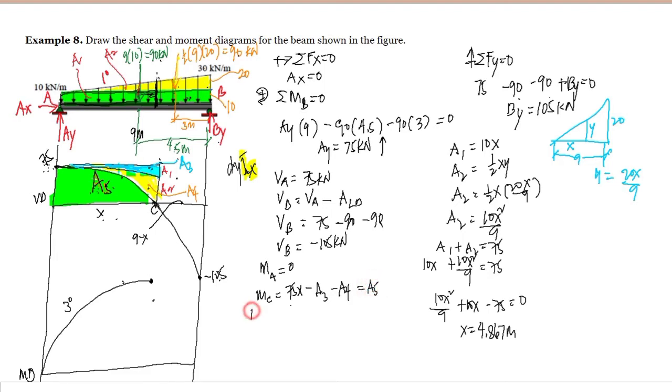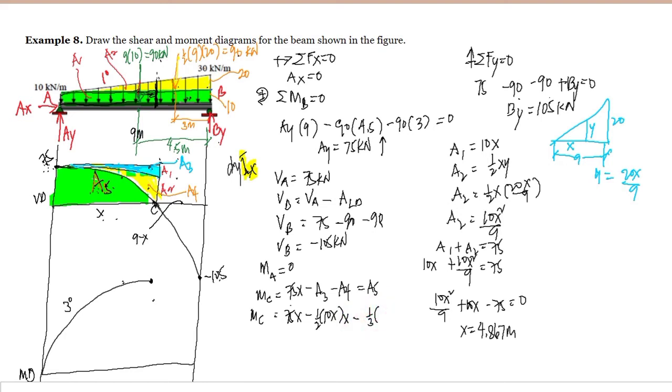So, yung moment natin at C is equal to 75x minus yung area 3 natin, that's triangle, so 1/2 yung x natin dyan, 1/2 yung base natin dito is area 1. Ilan si area 1? Si area 1 ay 10x and yung height nito is x, minus yung area 4, that's 1/3.